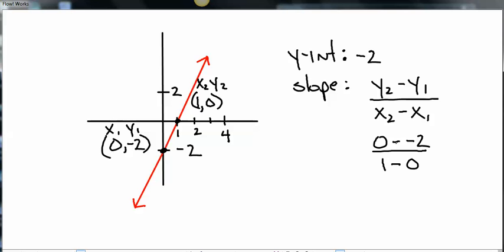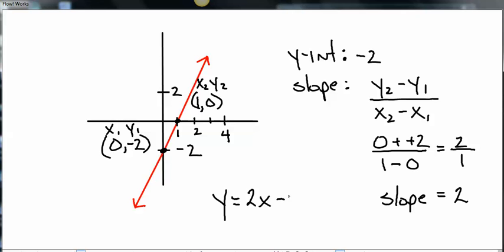What's 0 minus negative 2? Keep, change, change. That's positive. And 1 minus 0 is 1. And this slope is equal to 2. So now you know the slope and you know the y-intercept, don't you? So what would that equation be? Y equals 2x minus 2.